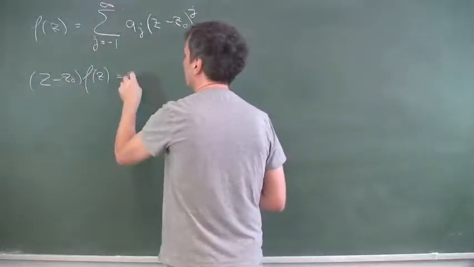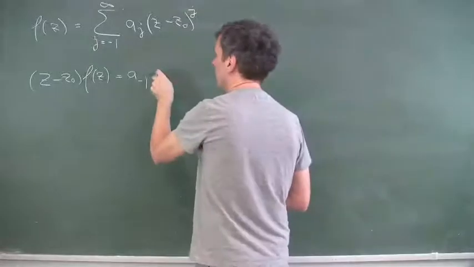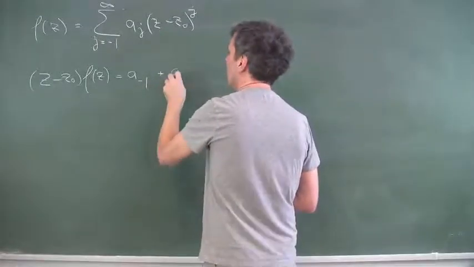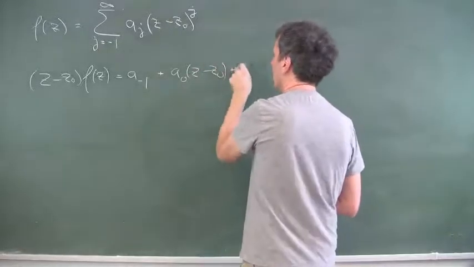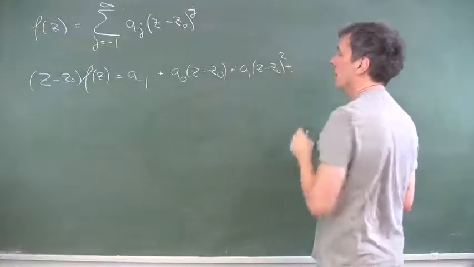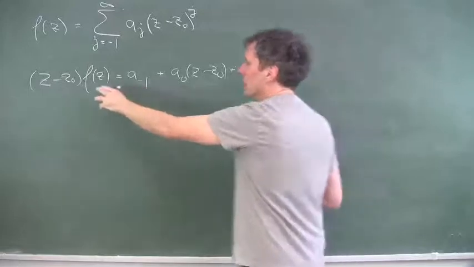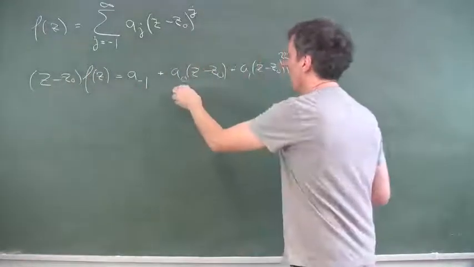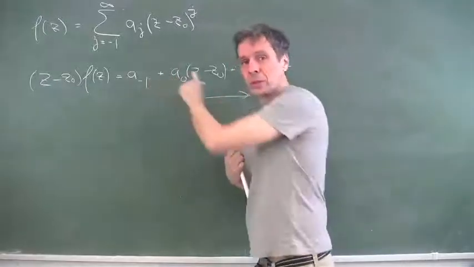It will start with the constant a minus 1, and then the next term will be a0 times z minus z naught, and then it will go on like this.